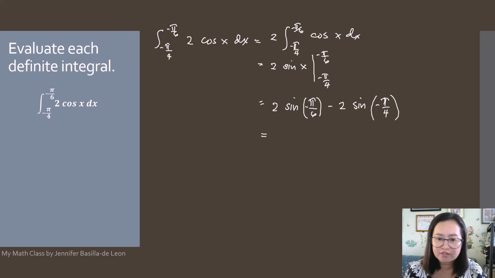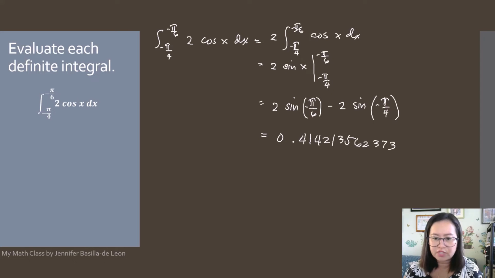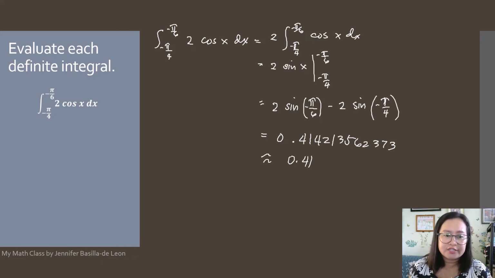Now simplifying this, we would be able to get 0.4214213562373, or approximately equal to 0.41. Okay, I hope you were able to get that, and finding the definite integral of a trigonometric function.